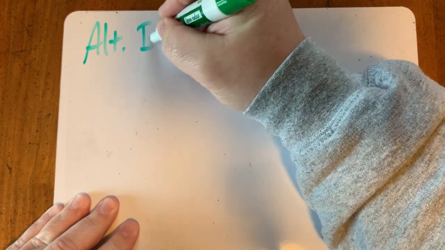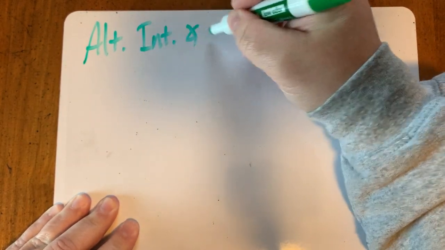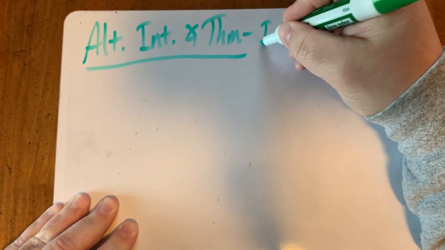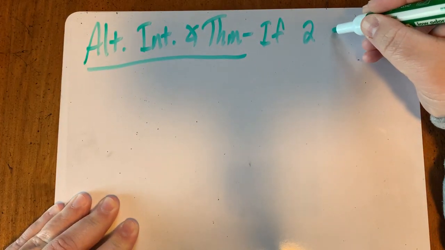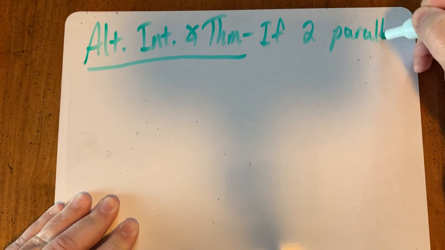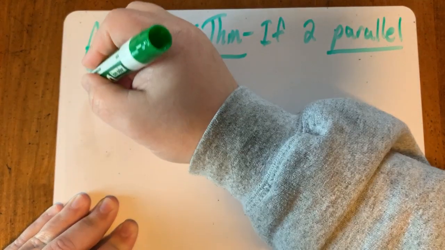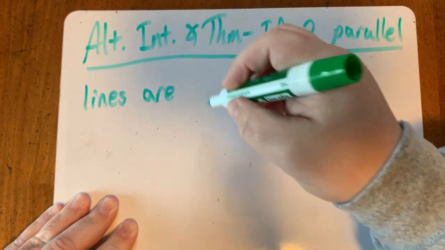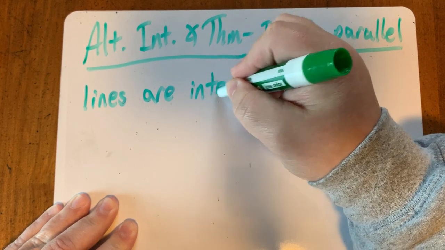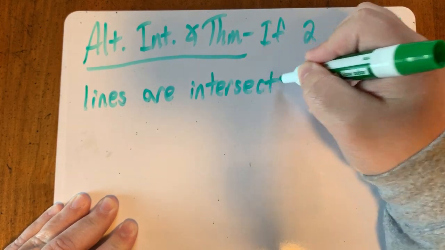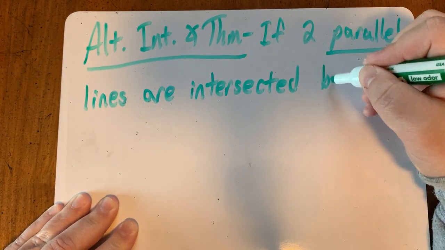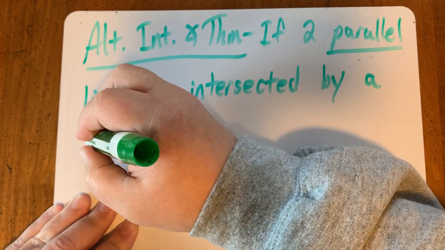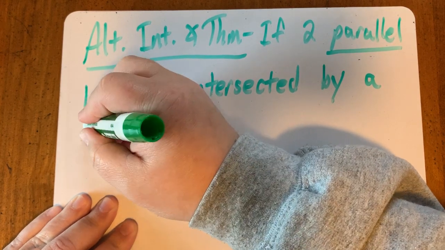Alternate interior angles theorem. If two parallel lines, again, must be parallel, are intersected by a transversal, I don't know why I said intersected this time and cut on the other ones. Doesn't really matter. It means the same thing.